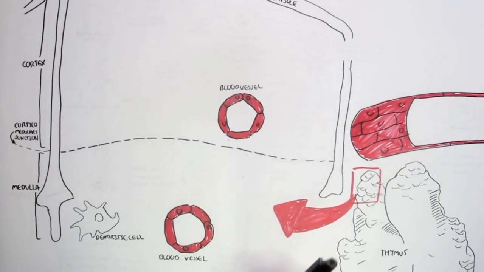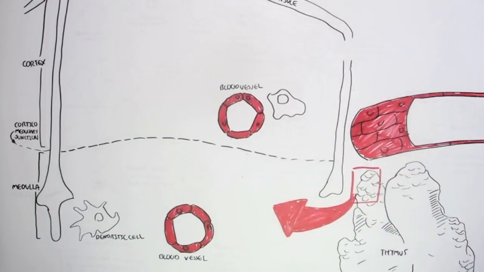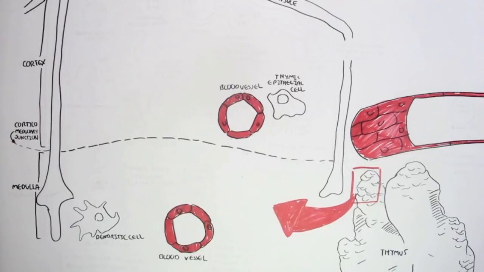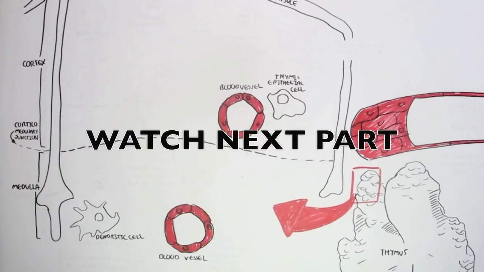And also in the medulla we find what's called the thymic epithelial cells, which are important for the development of T cells. In this video, I'm not going to include the chemical signals involved in the development of the T cell. I'm just going to explain the overview or the overall picture of how CD4 and CD8 naive T cells develop.